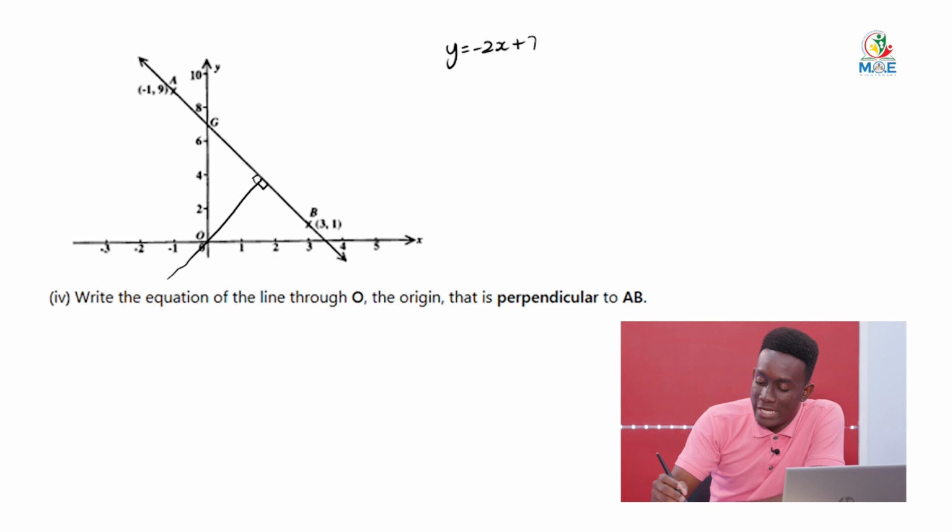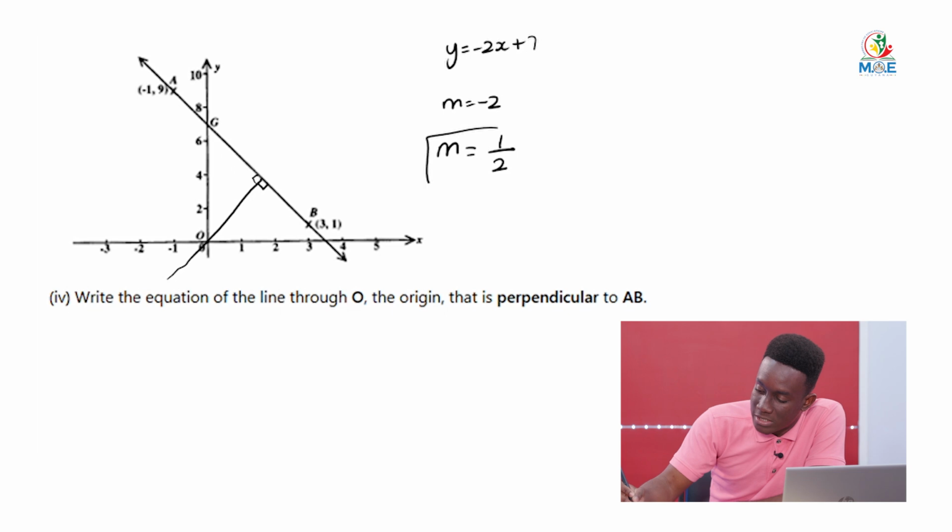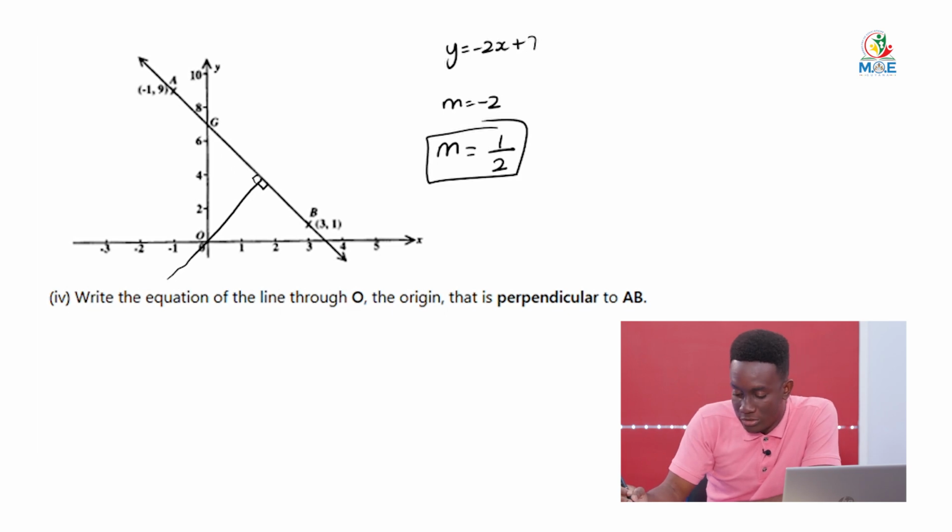The gradient of the line AB is negative 2, so the gradient of the line perpendicular to this would be the negative reciprocal. What we basically do is flip this and change the sign. So the gradient of the perpendicular line would be 1 over, and we change this into a positive 2, since it was negative. So the gradient of the line that we want is 1 over 2.